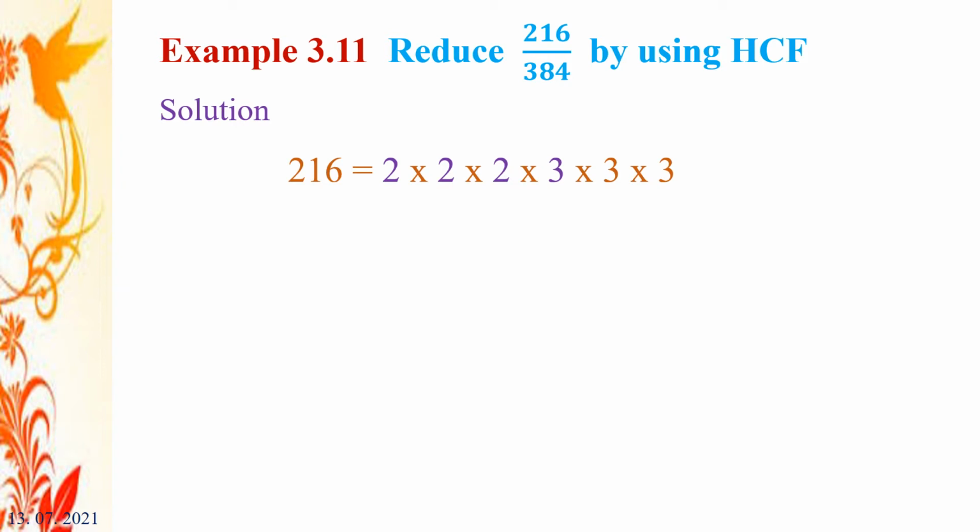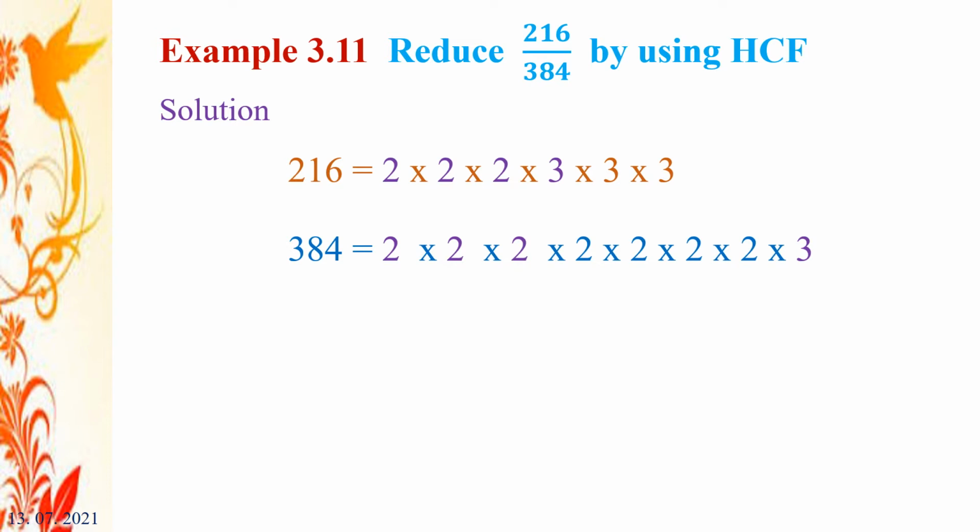Then take the denominator, that is 384, and find all its factors. Then write 384 equal to, the factors are 2 multiplied with 2 multiplied with 2 multiplied with 2 multiplied with 2 multiplied with 2 multiplied with 2 multiplied with 3.